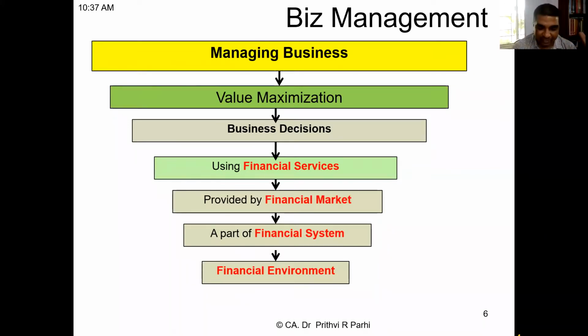The entire financial system operates in an environment which is called the financial environment. Are you able to understand this chart now? How financial system, financial market, financial services and financial environment are all important. Are you getting it? Yes or no?